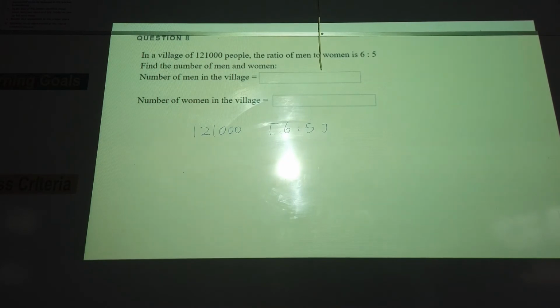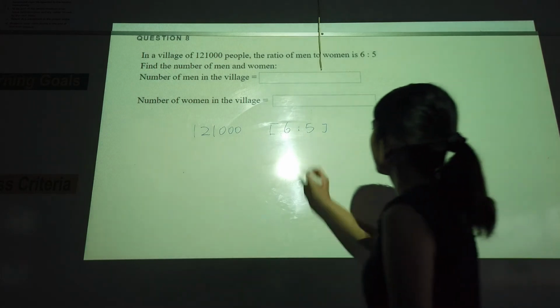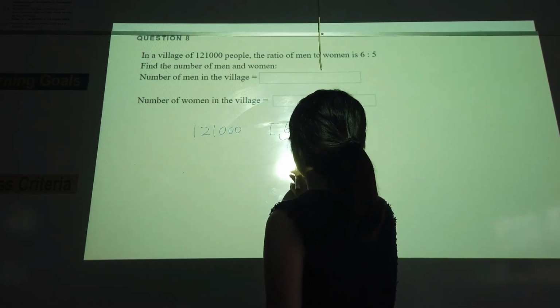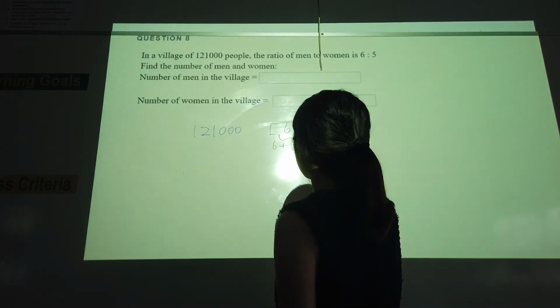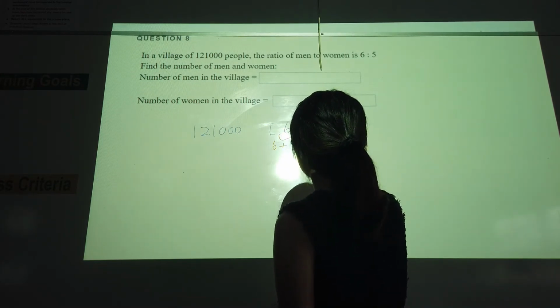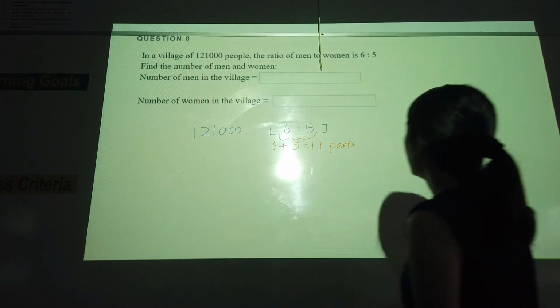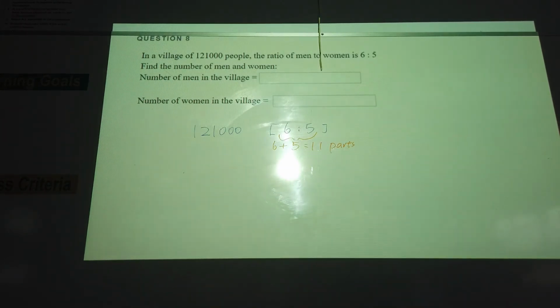This means you're dividing the quantity 121,000 into 6 parts and 5 parts. So how many total parts do we have to divide it into? 6 plus 5 equals 11 parts. So there are 11 parts.